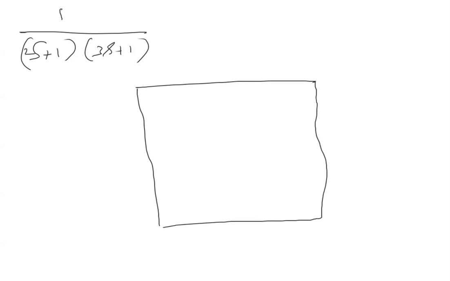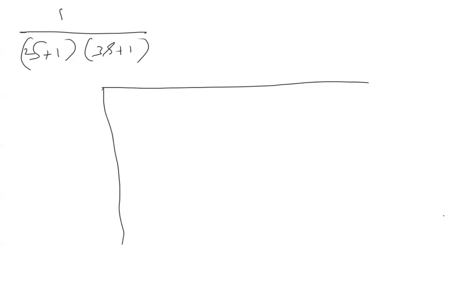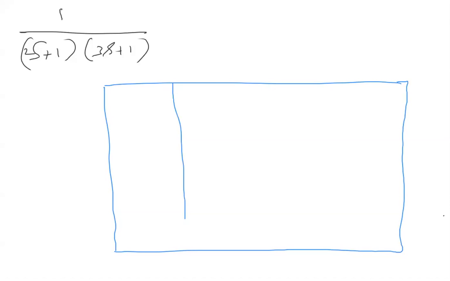Let's take corner frequencies 1 by 2 and 1 by 3. So let's plot them. This is 1 by 2. This is 1 by 3. This is infinity. This is 0.